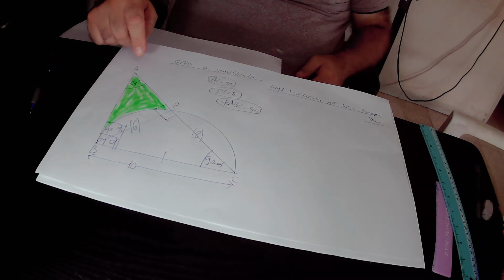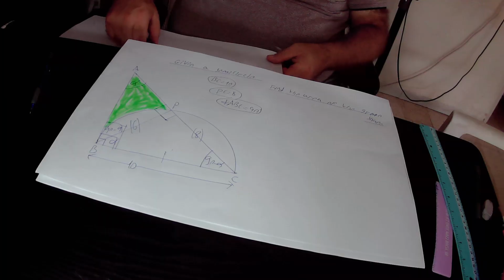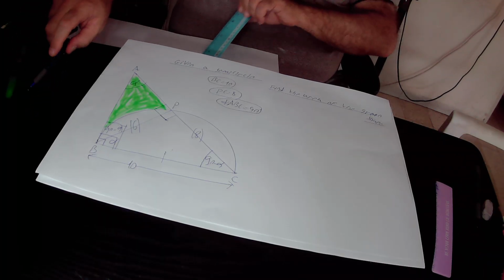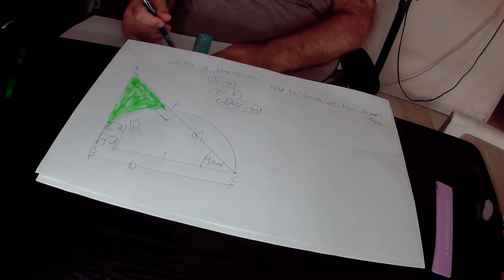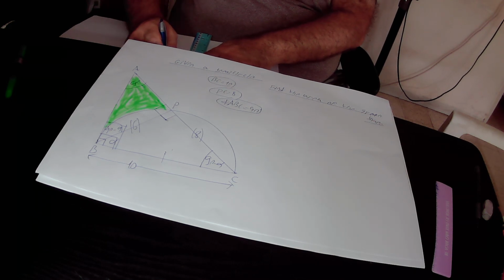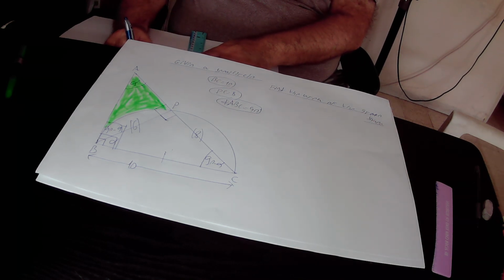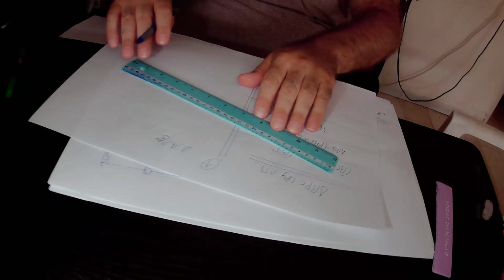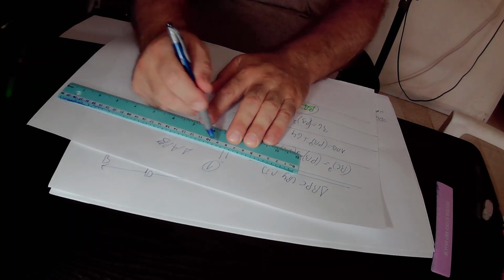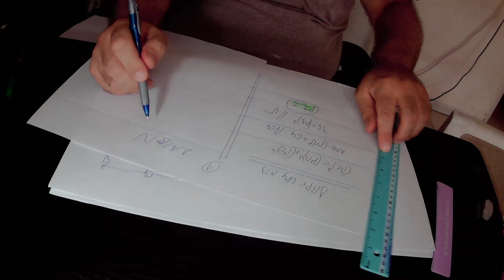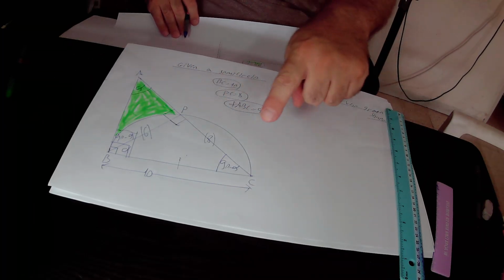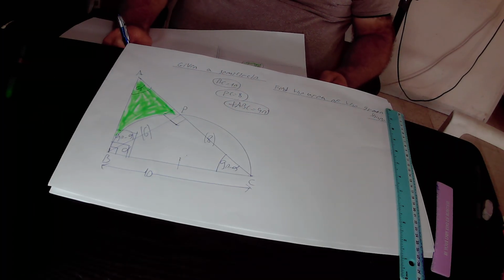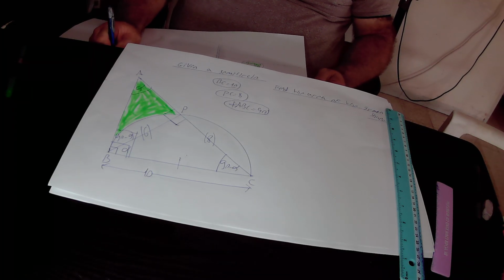I shall find out that the right triangle APB is similar, this is the sign of similar, to the right triangle PBC according to angle similar to all.